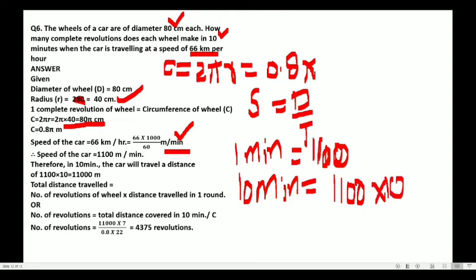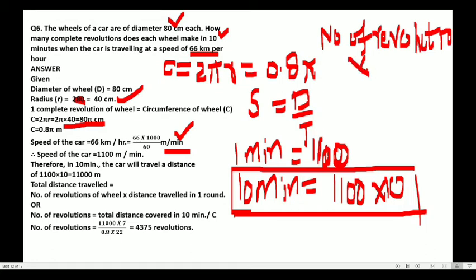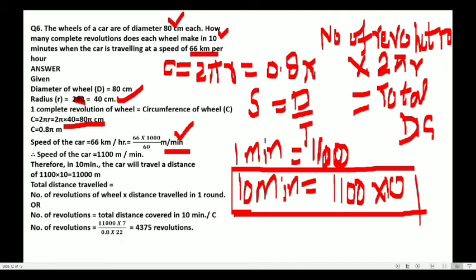Now the number of revolutions made by the wheel, if you multiply it with the circumference, one rotation, is going to give you the total distance covered. As we have done in the earlier question, let me tell you once again.